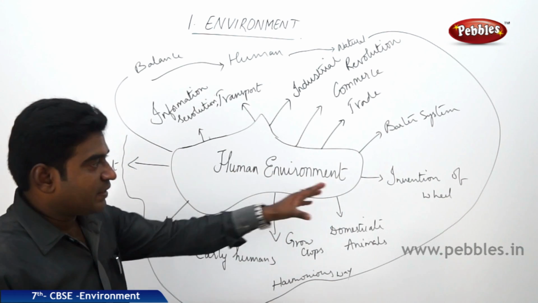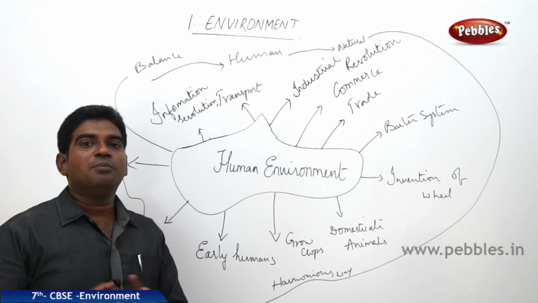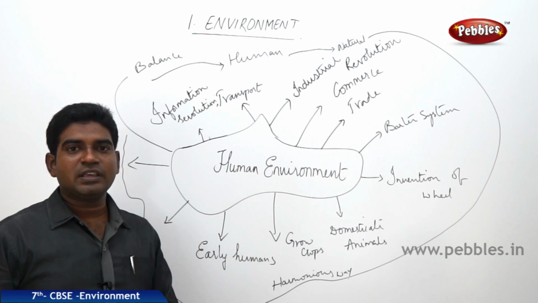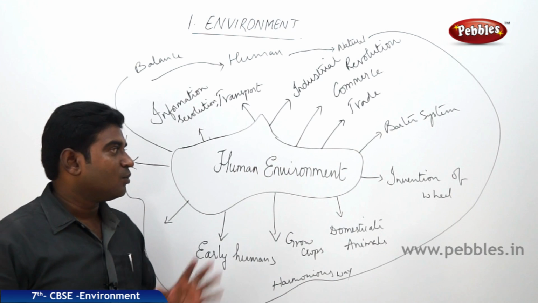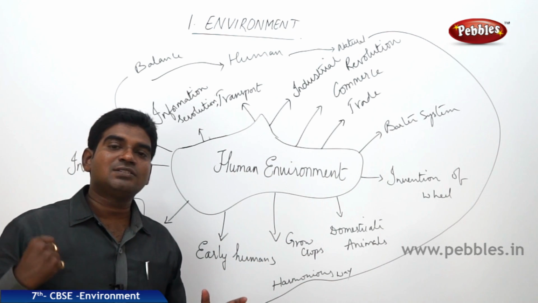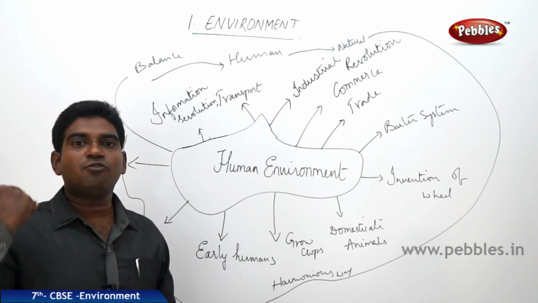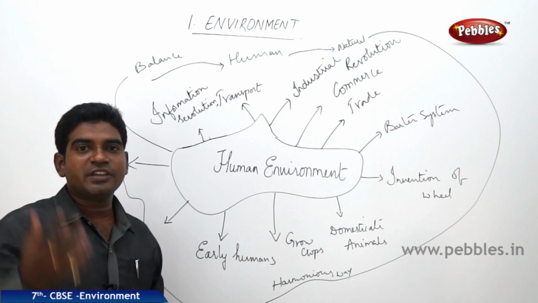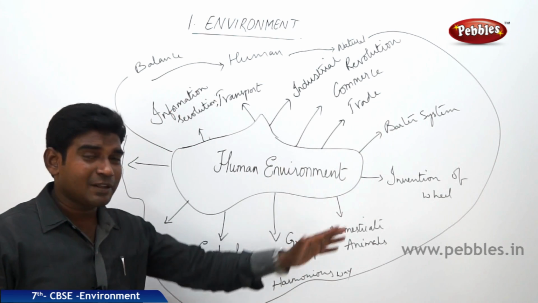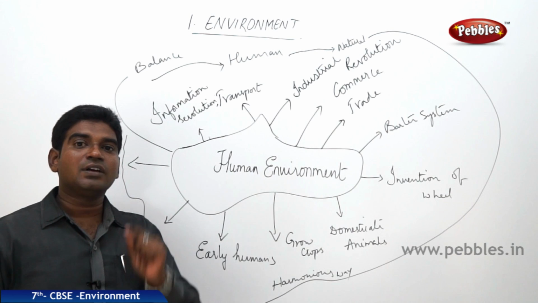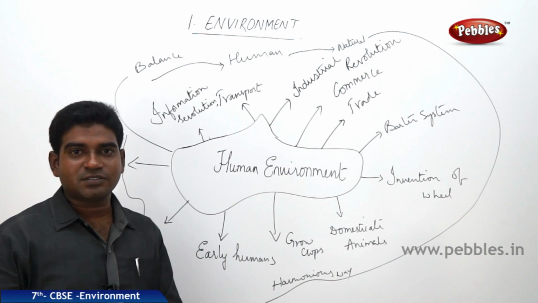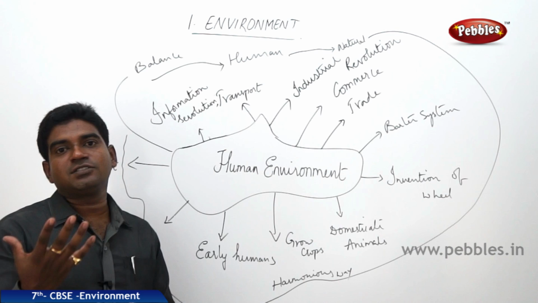And later, the invention of the wheel made a revolutionary change in the lives of human mankind. With that, agricultural production increased, supply of water increased, transportation increased. With the surplus production, the system of barter came into existence. Share what is excess to you.